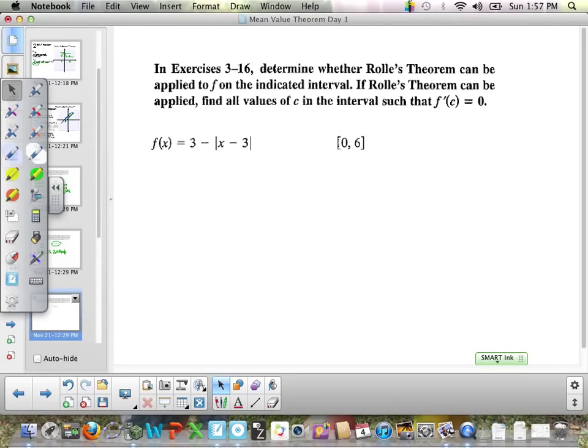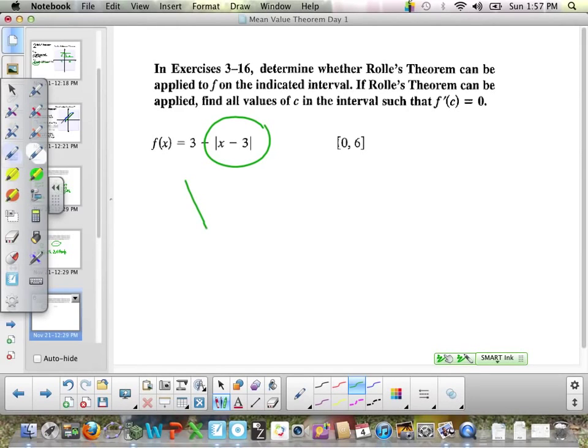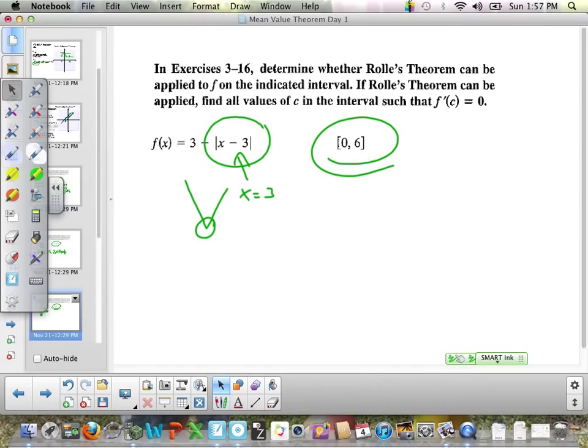Here, determine whether Rolle's theorem can be applied. This one is continuous. However, the absolute value function has a cusp. And this cusp, in this case, is at x equals 3. So it is not differentiable at the cusp of x equals 3. Well, that is in our interval.